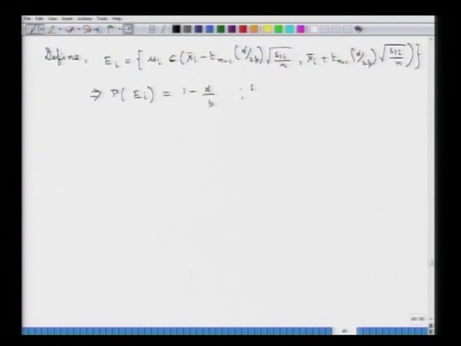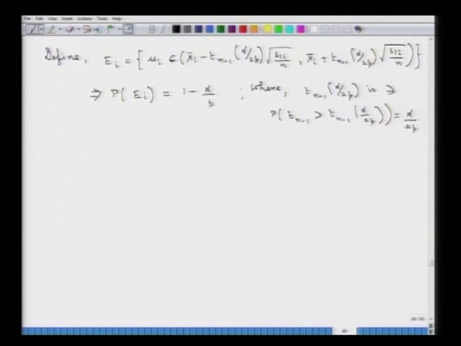Now, here of course, t n minus 1 alpha by 2p is such that the probability that a t distribution on n minus 1 exceeds this point is going to be equal to alpha by 2p.